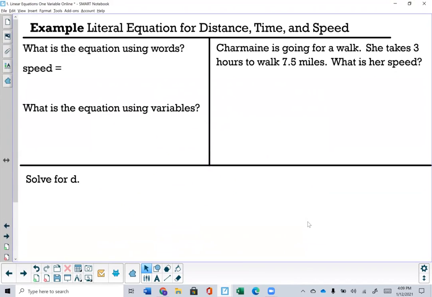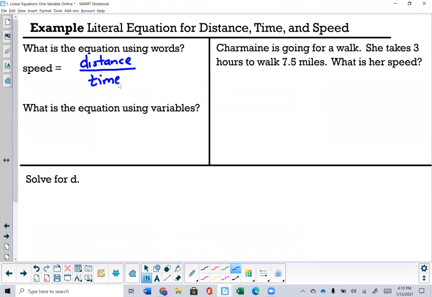So we have here, what is the equation using words for speed? We have speed is equal to distance divided by time. All right, so we can do better than this.